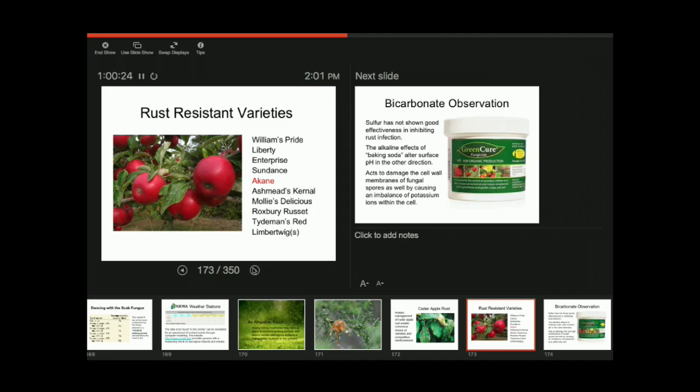Anything from the southern apple tradition, the limbertwigs, doesn't have rust issues. So this is one way to approach it. And if you're content with the choices that you have, and there's some great choices there, then super. Let's not deal with that as one of the things on our list in the home orchard. On the other hand, there's all these wonderful varieties, and maybe you want to delve into some of them.